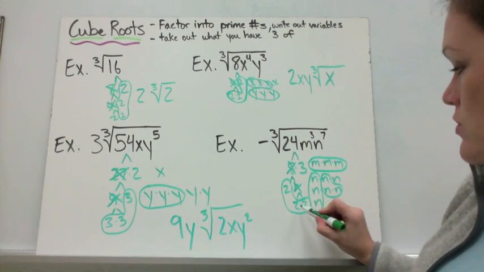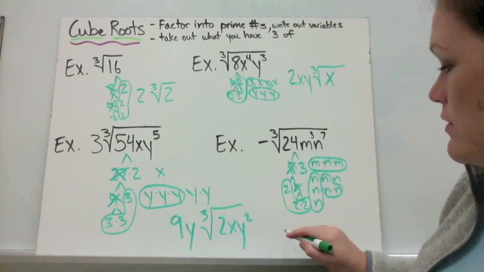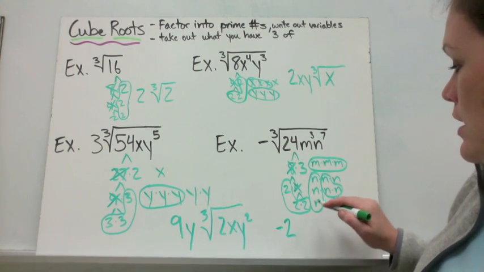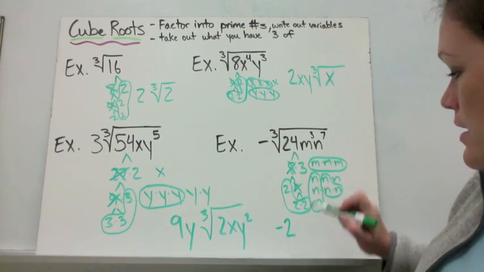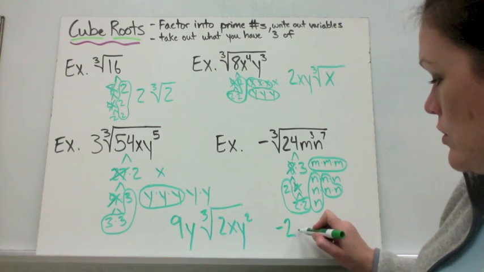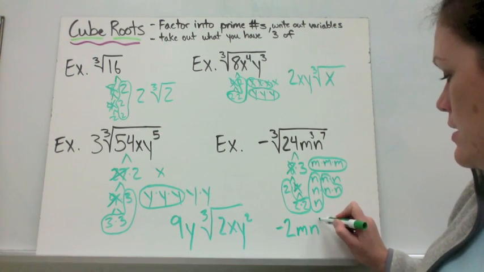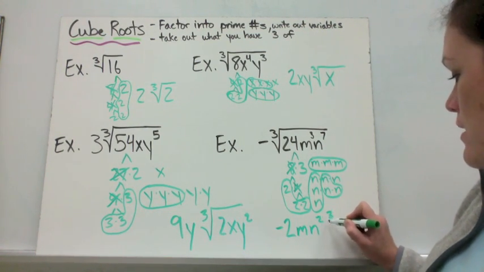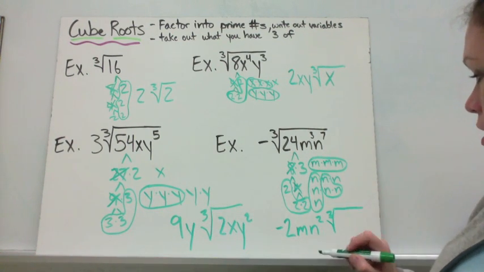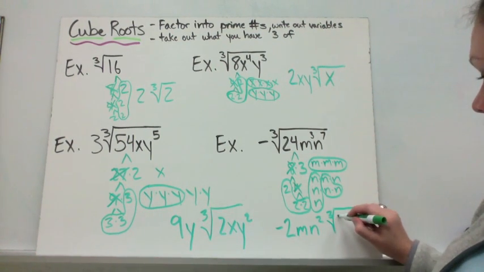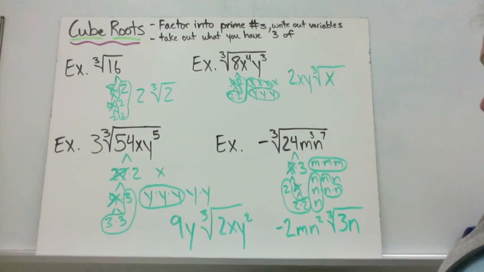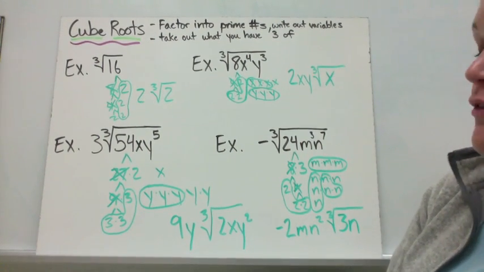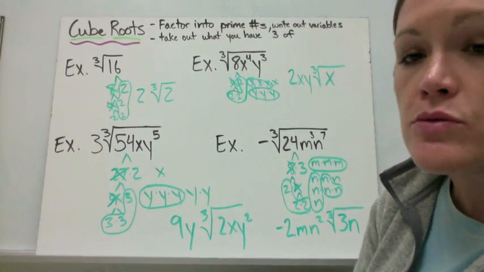So we're going to take out 2, but times -1 would be -2, 2 n's, and an m. Usually we put these in alphabetical order. So let's put m, n squared, and then the cube root of 3n is left behind.